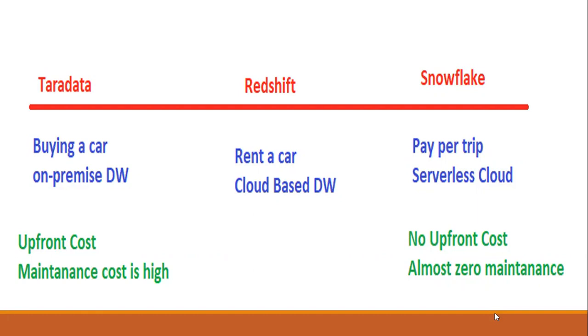Now, the fourth generation data warehouse, Redshift, you can take as an example of renting a car. You rent a car for, let's say, 3 days or 4 days, and you pay some money. There also you have some upfront cost, and if the car is damaged or broken, you have to get it maintained. Also, if you rent the car for 3 days and one day you didn't use it, you still have to pay rent for that day, because you have taken the car for 3 days.